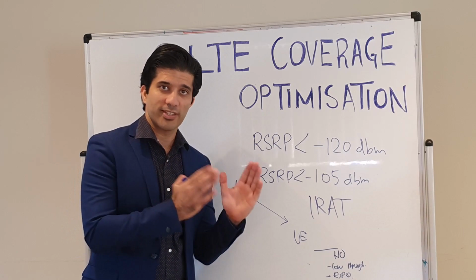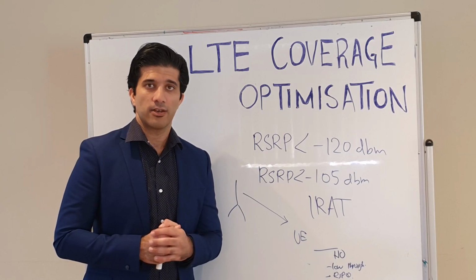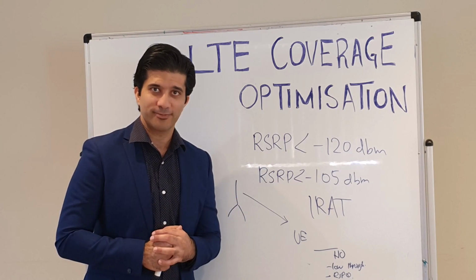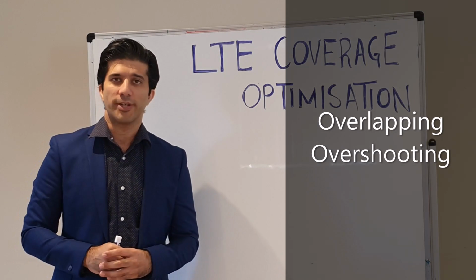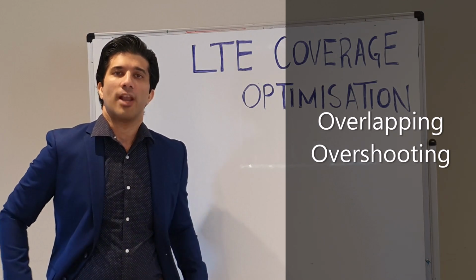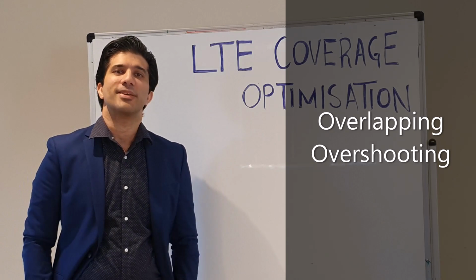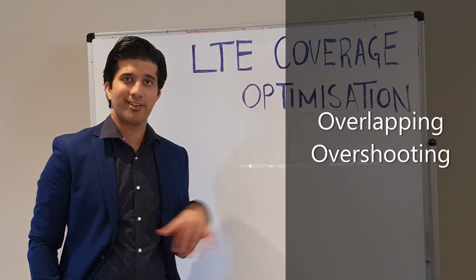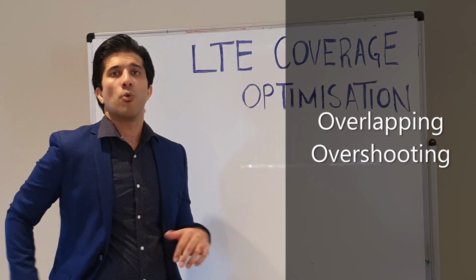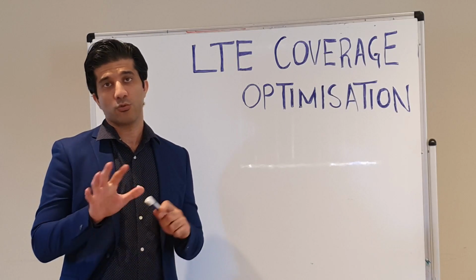So let's move towards the next topic, that is overshooting and overlapping. First, we'll discuss overlapping. Overlapping basically means in LTE that in one coverage area there's no dominant server.